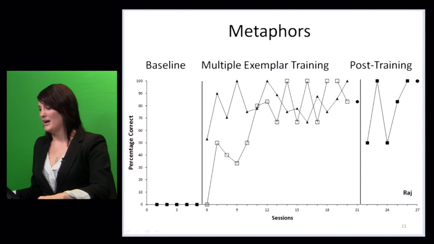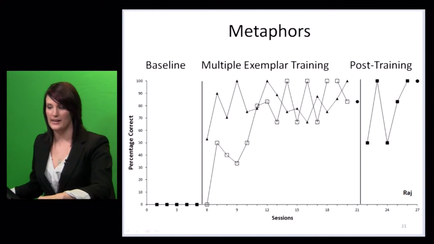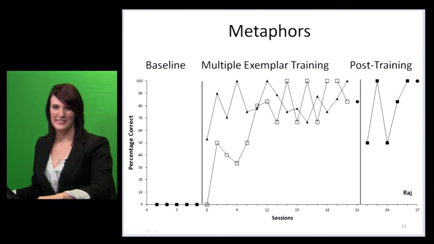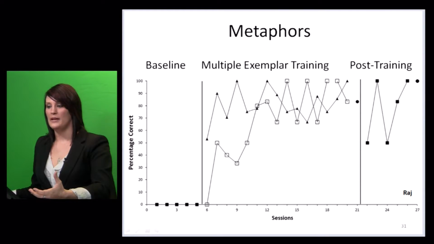We can say that the child did learn to respond to novel metaphors because none of these metaphors were included in the multiple exemplar training phase. But it's not perfect. This is one of our examples of where this may not be exactly like we want to see. It's not the ideal case, but we can say that the child learned to respond to novel metaphors.